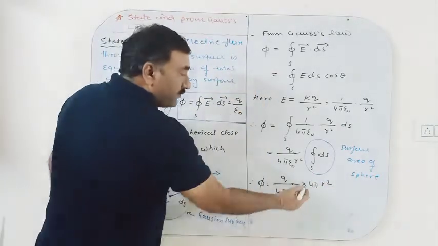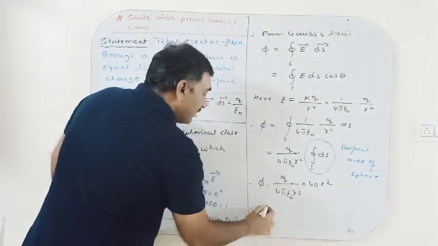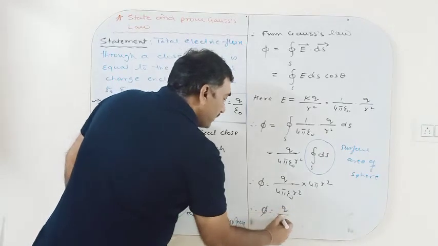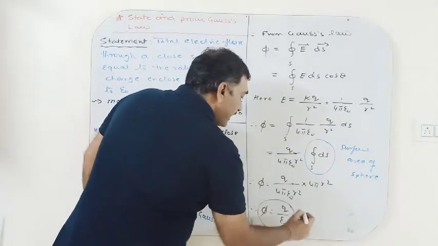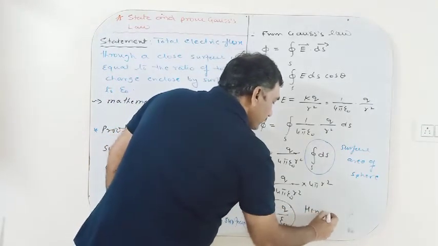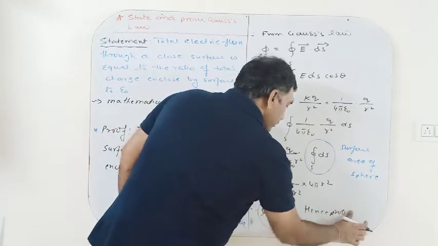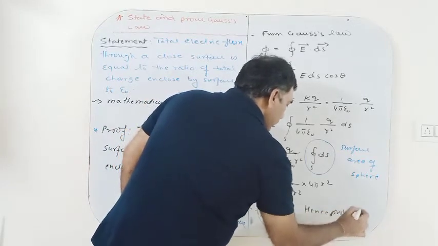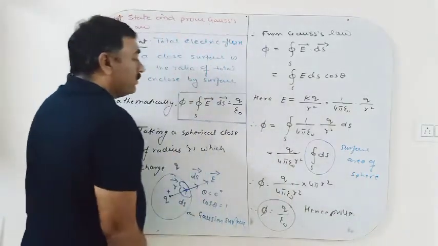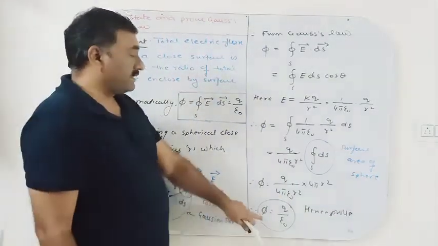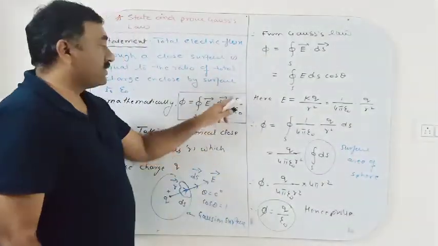The terms 4 pi r square cancel, then the flux becomes q upon epsilon 0, hence proved. So the total electric flux associated with any closed surface is q by epsilon 0.